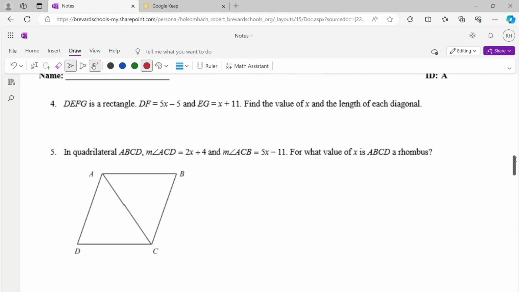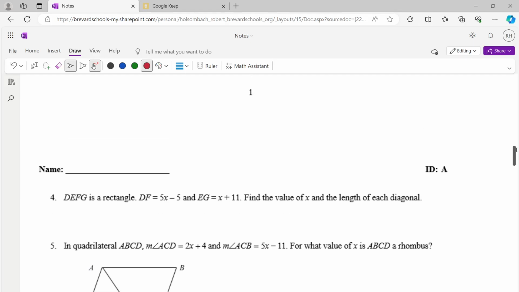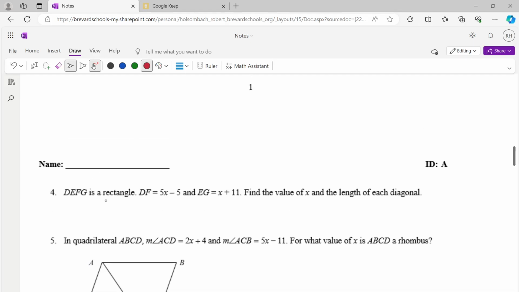Problem number 4. DEFG is a rectangle. DF is 5x minus 5.